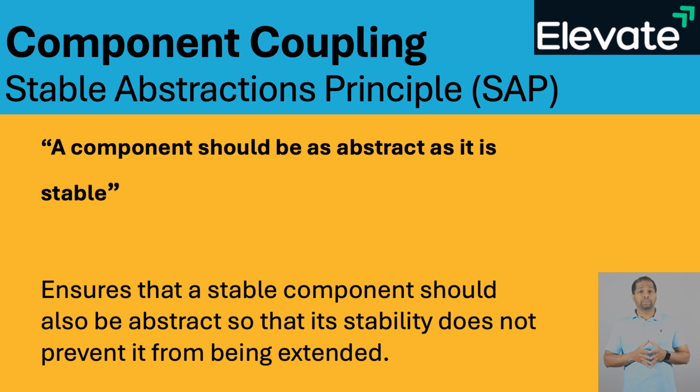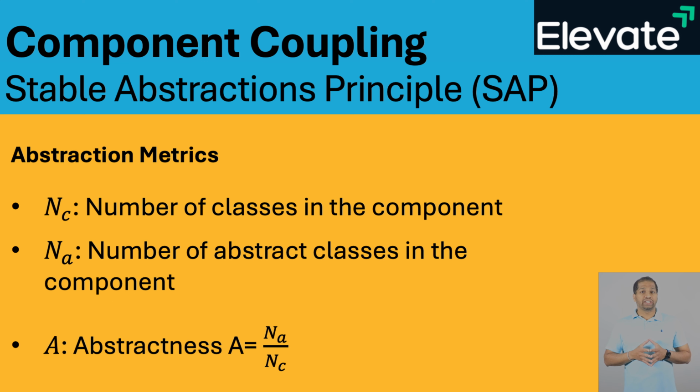We apply OCP, the open-closed principle, which we mastered in SOLID principles, to extend these stable components without requiring modification by creating them as abstract classes. We also have a metric to assess the abstractness of components.